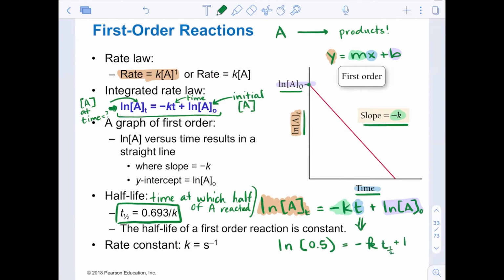If we started with an initial concentration of 1, at what point will that reaction have a concentration of A at 0.5, half of that? If we rearrange these, that's where we would start to see 0.693 divided by k. How do we get there?